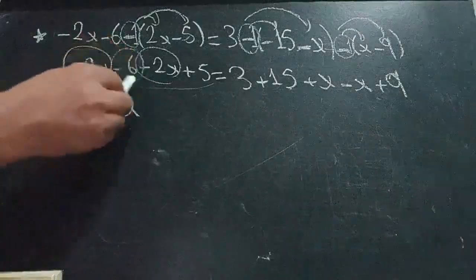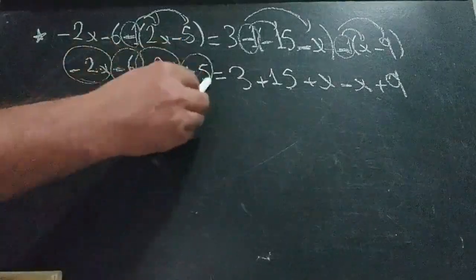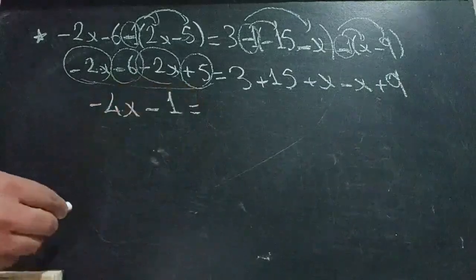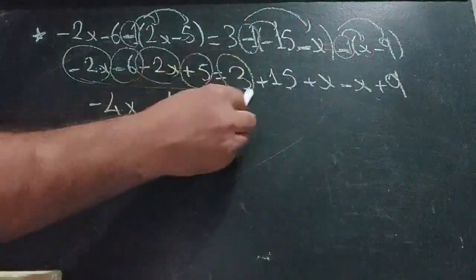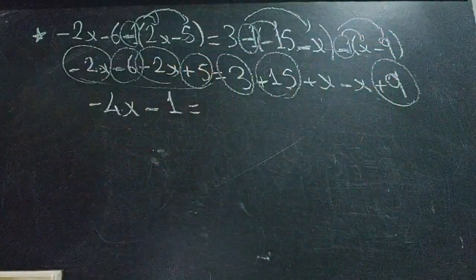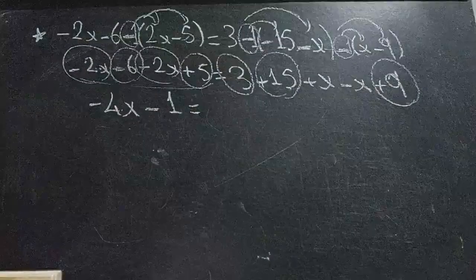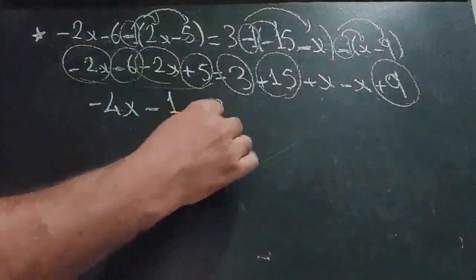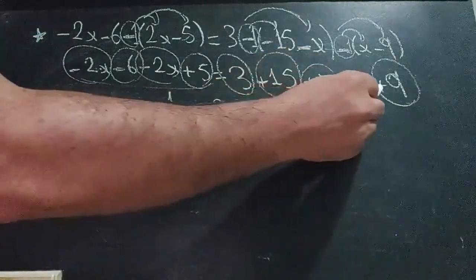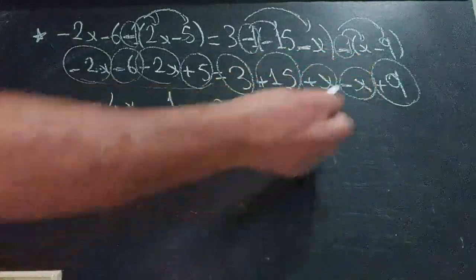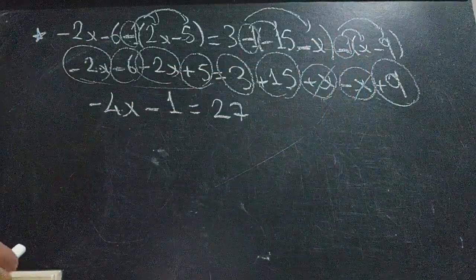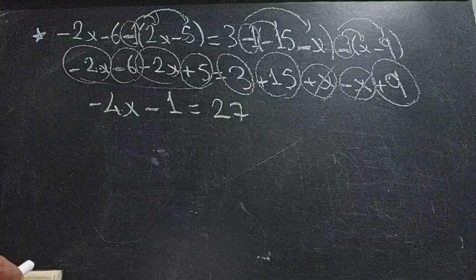So negative 6 plus 5, which is going to be negative 1, equals to 3 plus 15 plus 9. That will give me 27 plus x minus x will be 0. So now I got negative 4x minus 1 equals to 27.